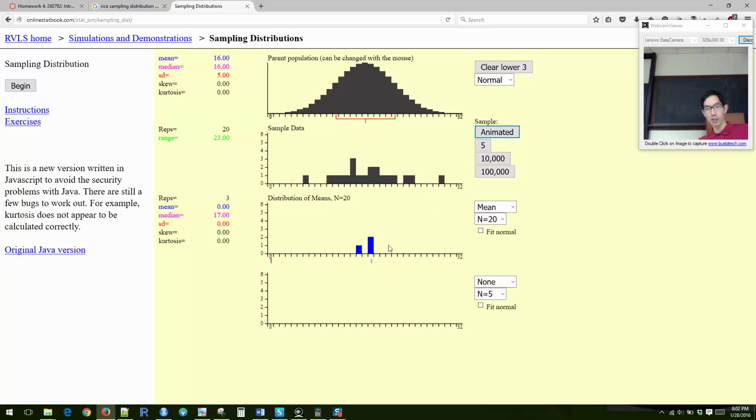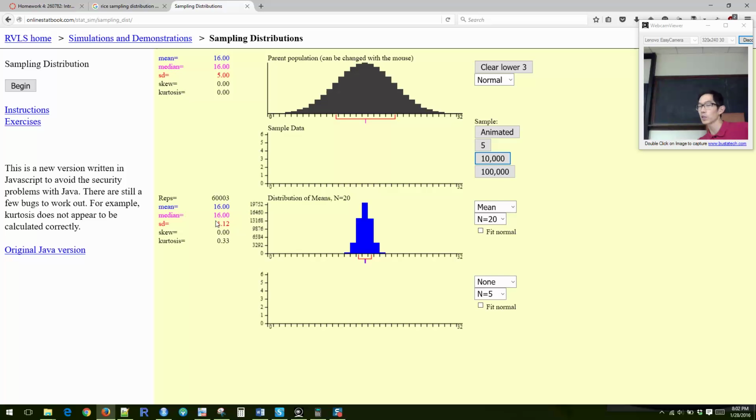What's this thing going to look like? Let's just do 10,000 here. Does it look different? Just a tiny bit. It's calculated the standard deviation for us. What's our standard deviation? It's like 1.12. So that's smaller.